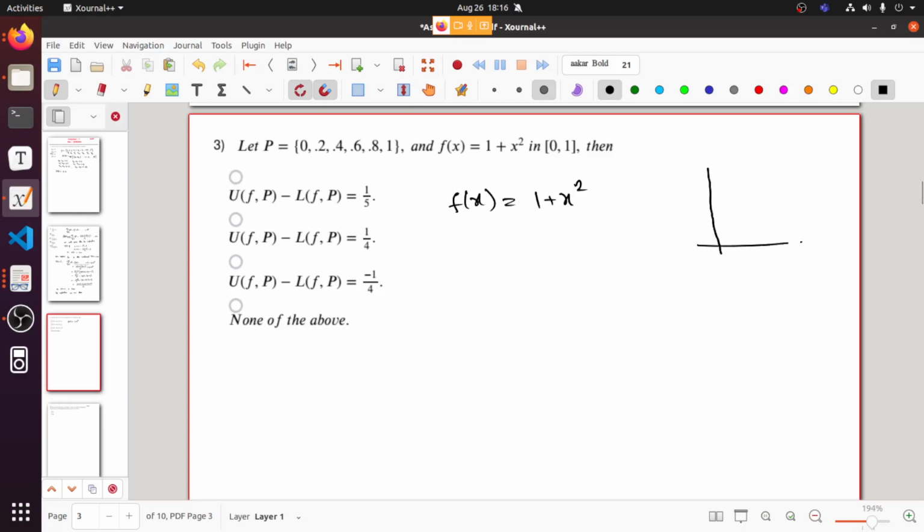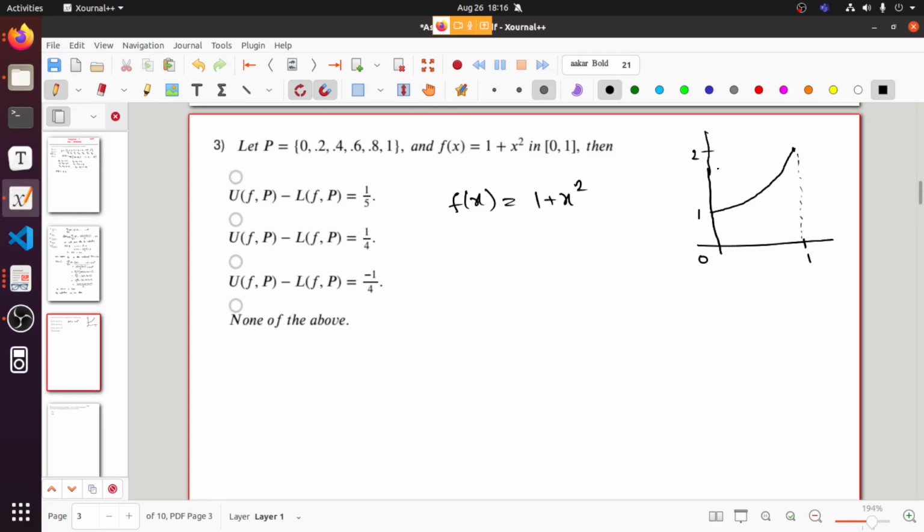If you draw it, you see 0 and 1. At x equals 0 it's 1, at x equals 1 it's 2. So this is an increasing function.